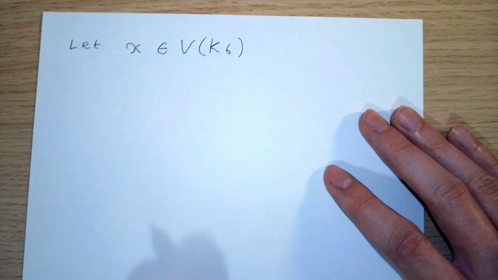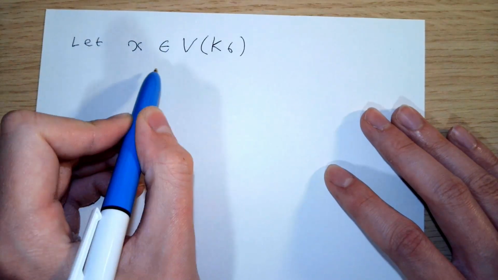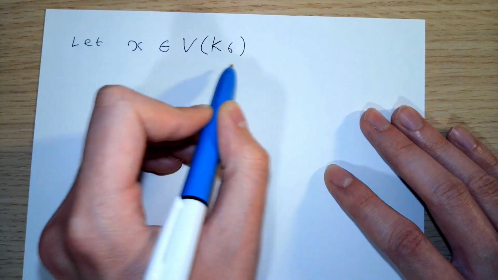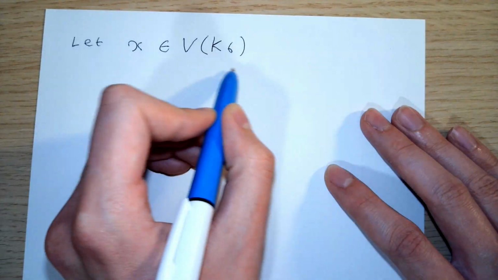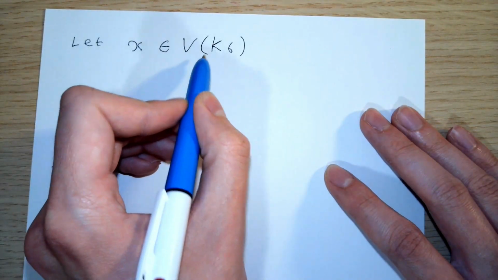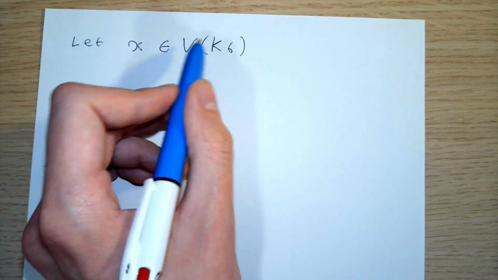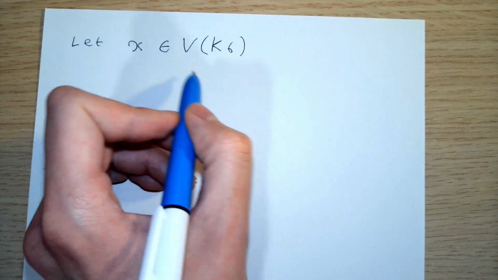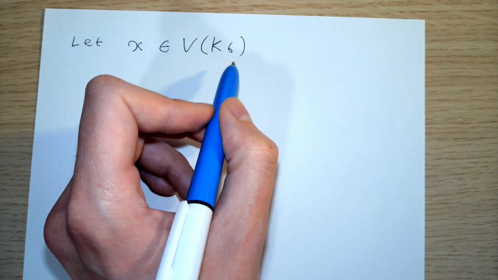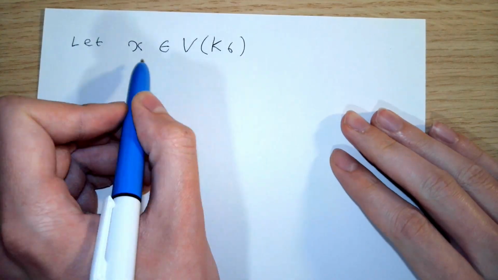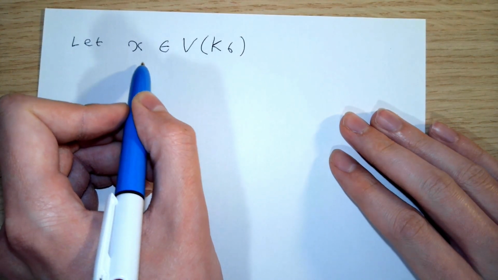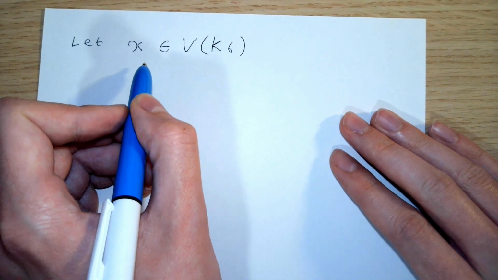And we got some notation for this. So this means let X belong to the vertex set on the complete graph of 6 vertices. So this notation is saying we're going to consider all of the vertices on the complete graph on 6 vertices, and we're going to look at some X.